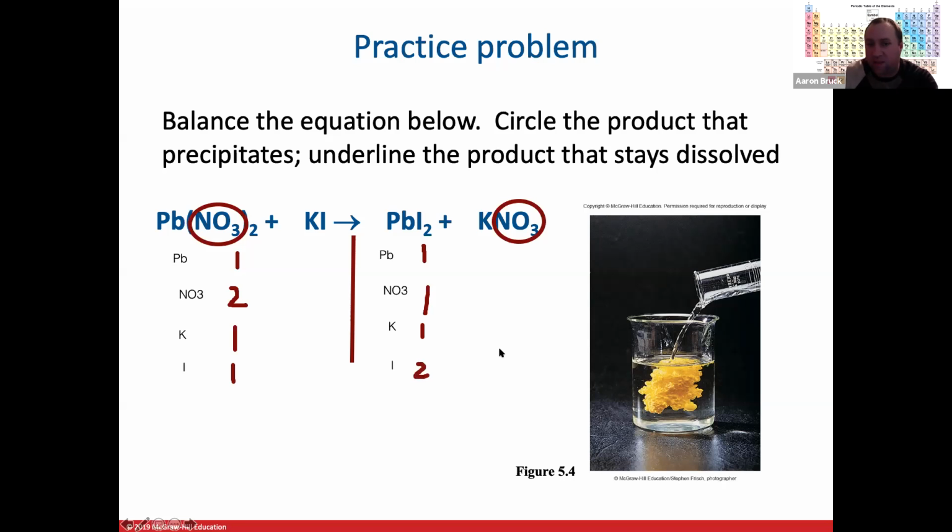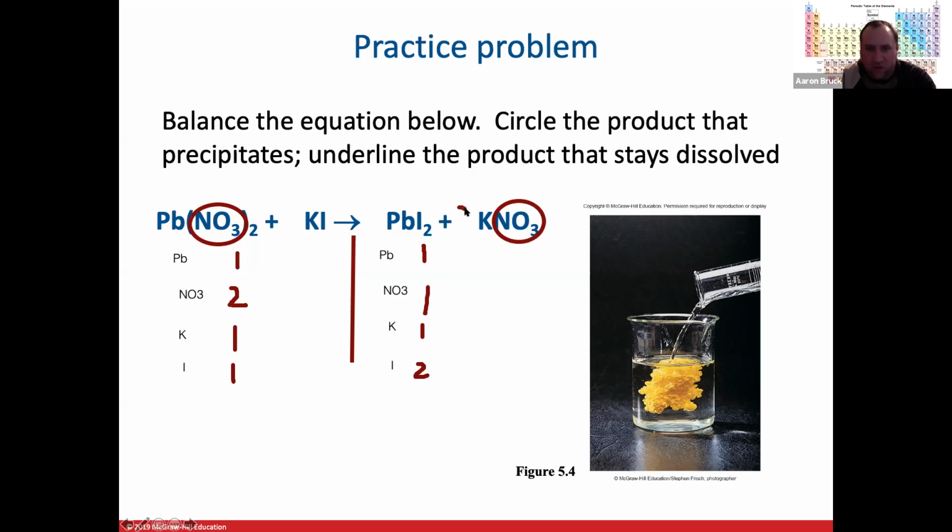Now, from a balancing standpoint, I've got issues on both sides of the equation, so I'm going to have to do a little bit of balancing to get it right. I can tackle either one in whatever order I want. Since nitrate's out of balance on this side, let's take care of that first.